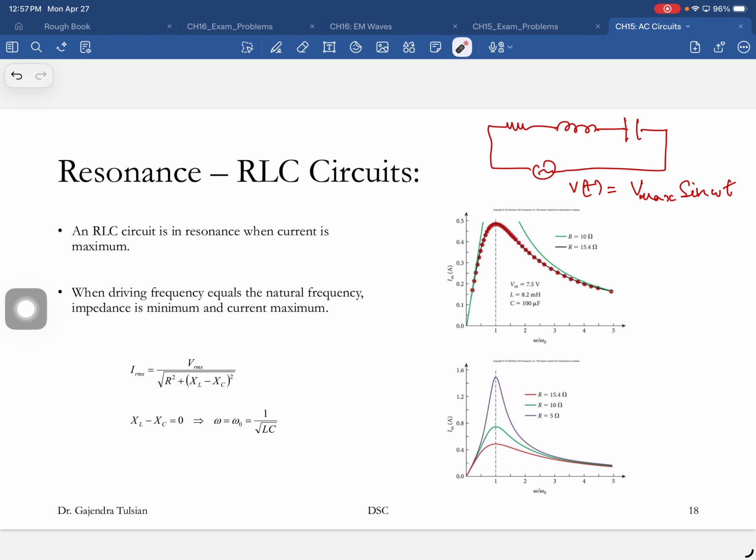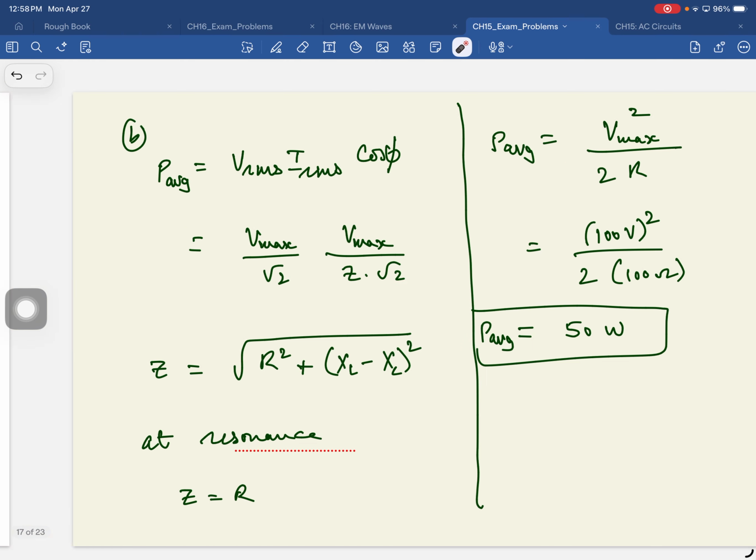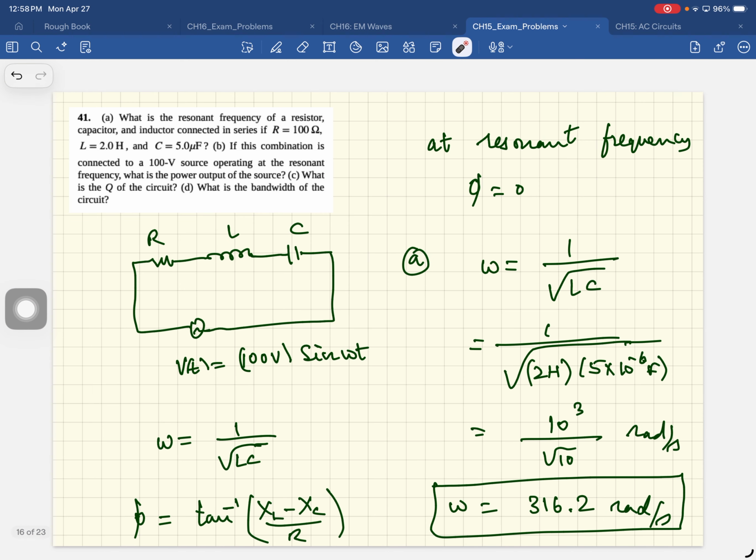We just stated it in radians per second. If you want to convert that to linear frequency, just divide that by 2 pi.